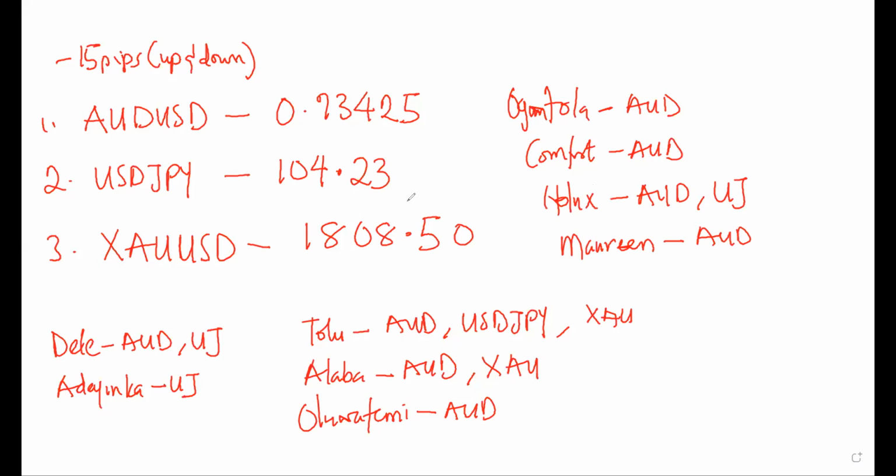Michael, I can only see one part of AUD. Drop everything the same time so I can mark it. Oluwafemi, UJ done. Let me just say Femi, UJ. Rhoda, Oguntola, UJ done.